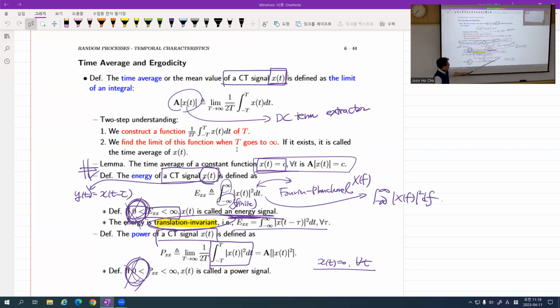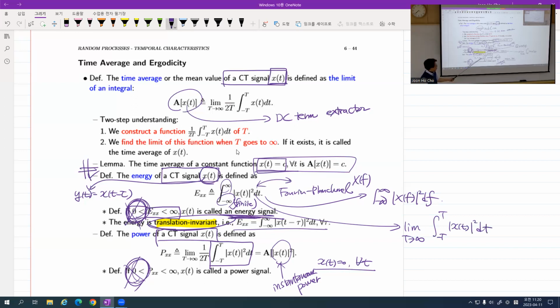So if this instantaneous power is constant, then the average power is the same as the constant. So this is the so-called instantaneous power of a deterministic signal. By the way, as I told you, this can be interpreted as the limit as T goes to infinity, without the 1 over T, of the integral from negative T to T of x of t squared dt. Got it? So the difference is simply this 1 over the length of the interval.